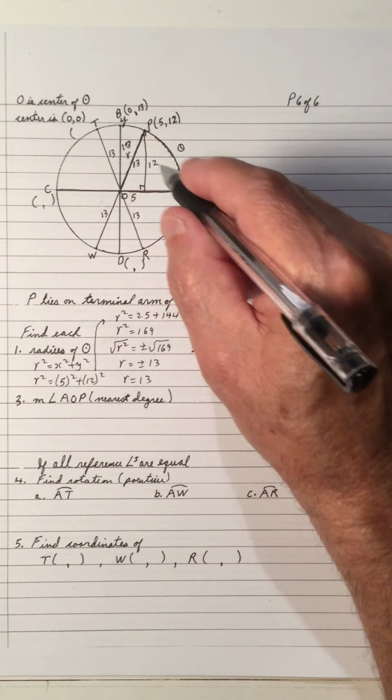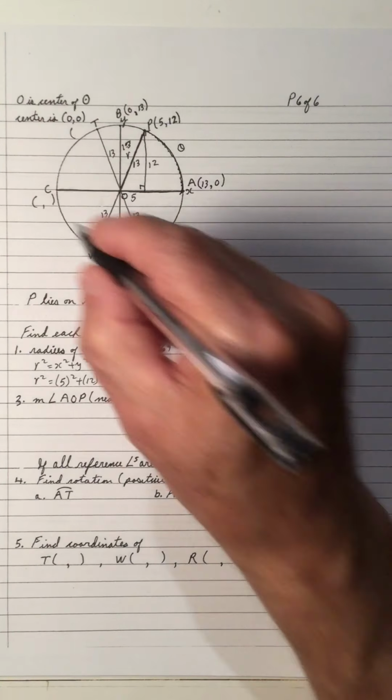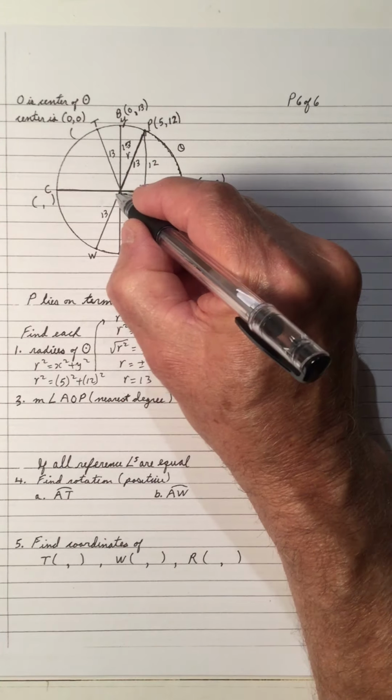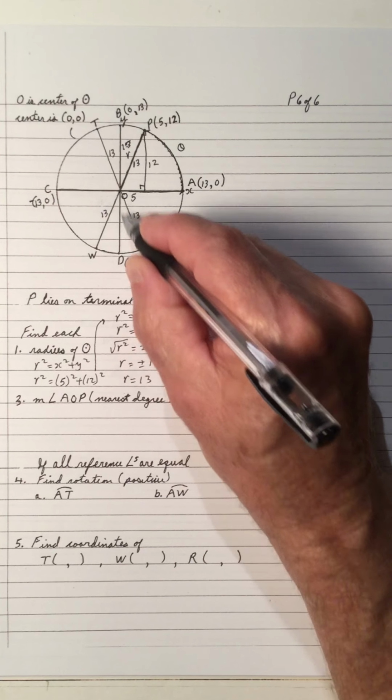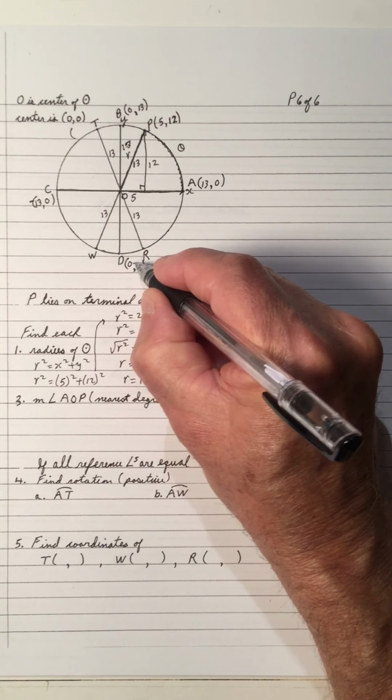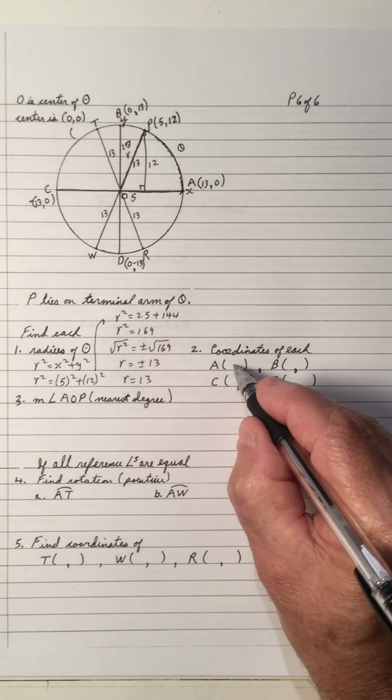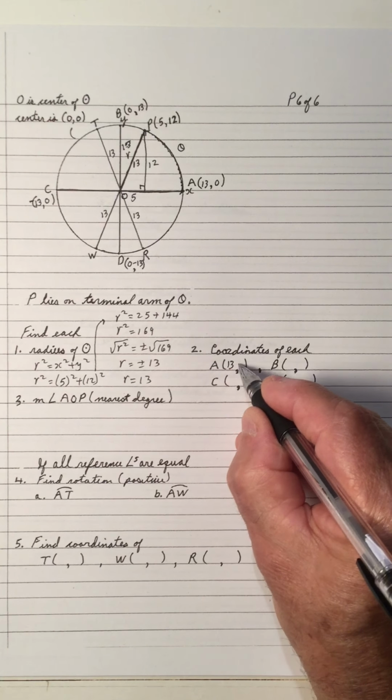Well, I'll just look at points A, B, C, and D first. So this is x is negative 13 here, and y is 0. And when we come down here, the x is 0, and the y value is negative 13. So A is 13, 0.